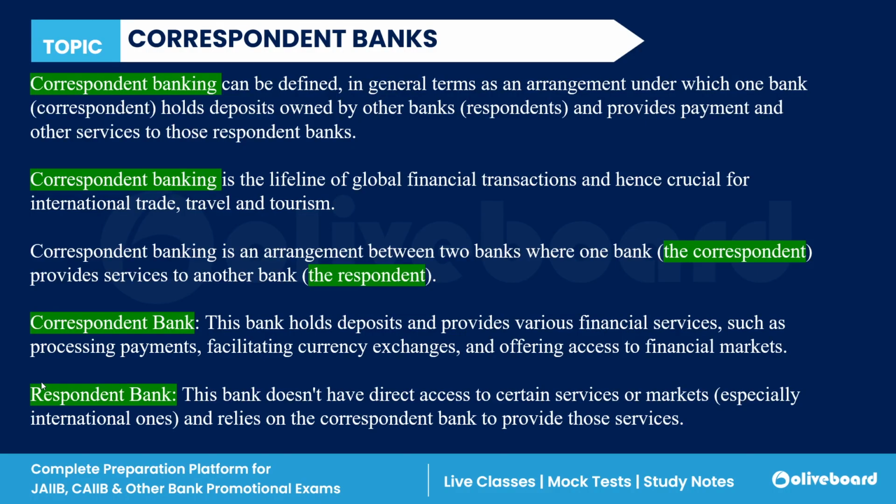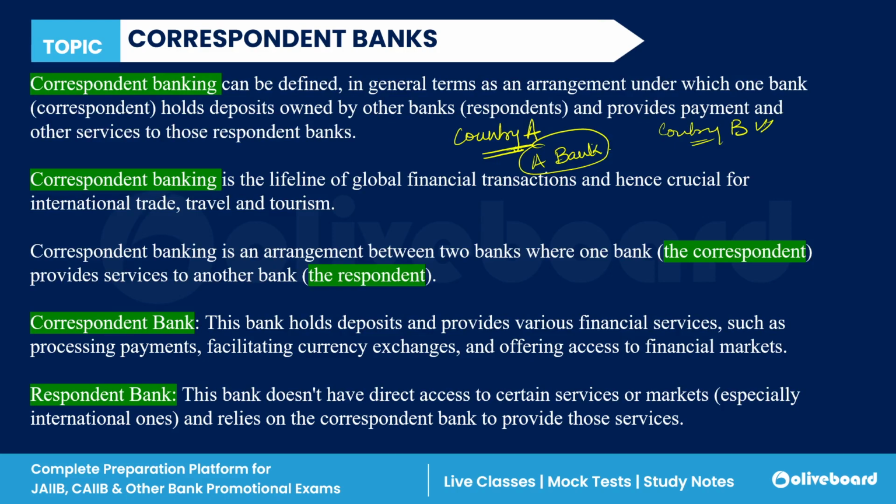For example, I am living in a country A, and my account is in A bank. Now I want to send money to my friend who is living in another country, B, and my bank doesn't have any branch in this country. But I want to send money to my friend who is living in this country. So what can I use?